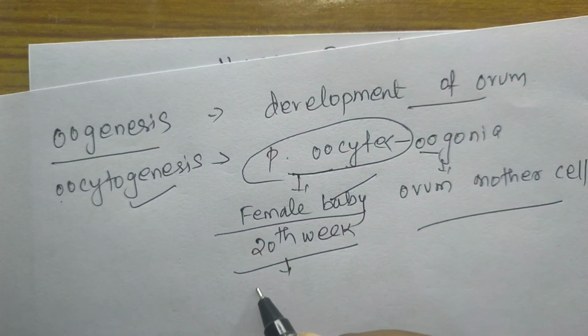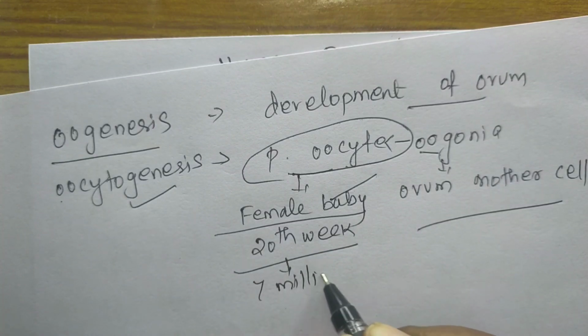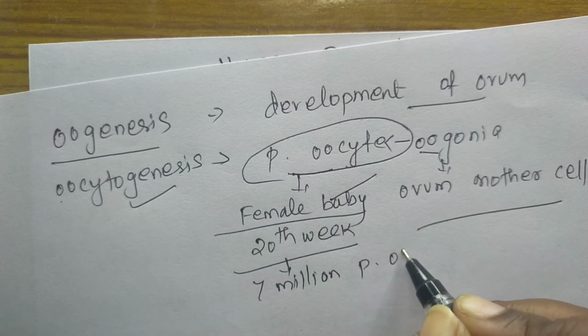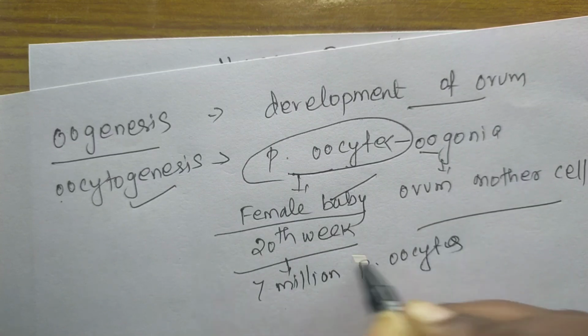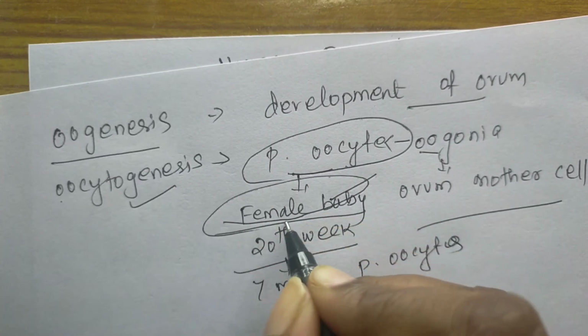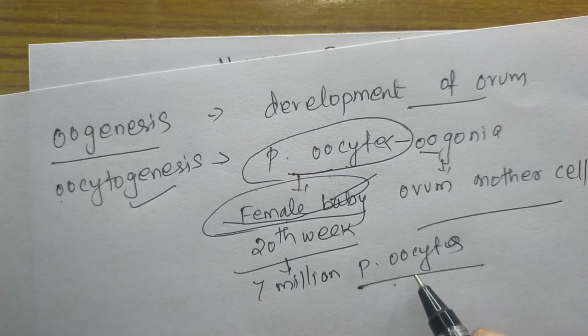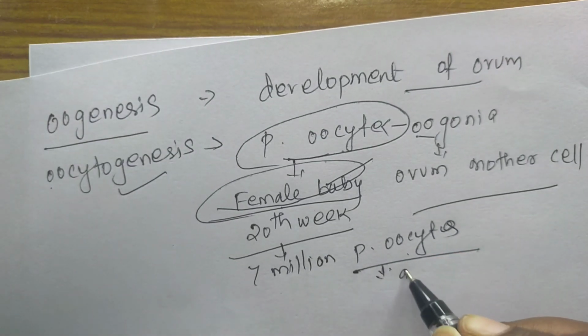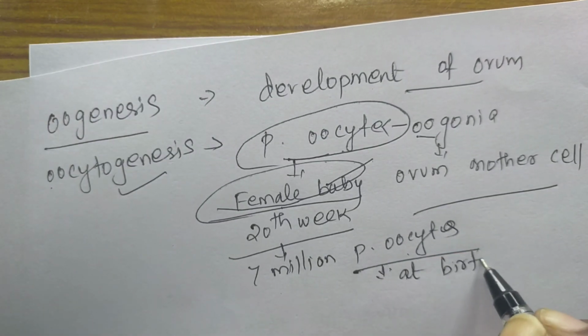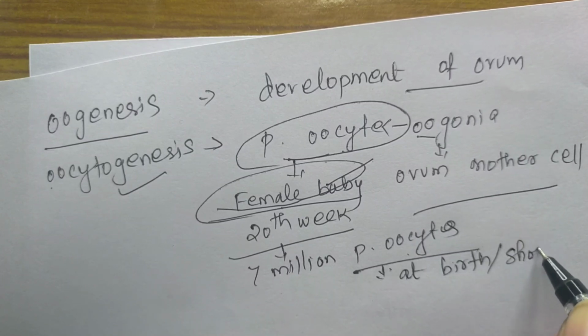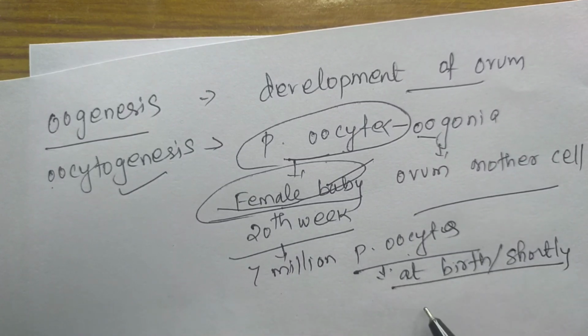There are about 7 million primary oocytes inside the ovary of the female baby. At birth, or shortly after birth, they get reduced, and you can find around 1 to 2 million primary oocytes.